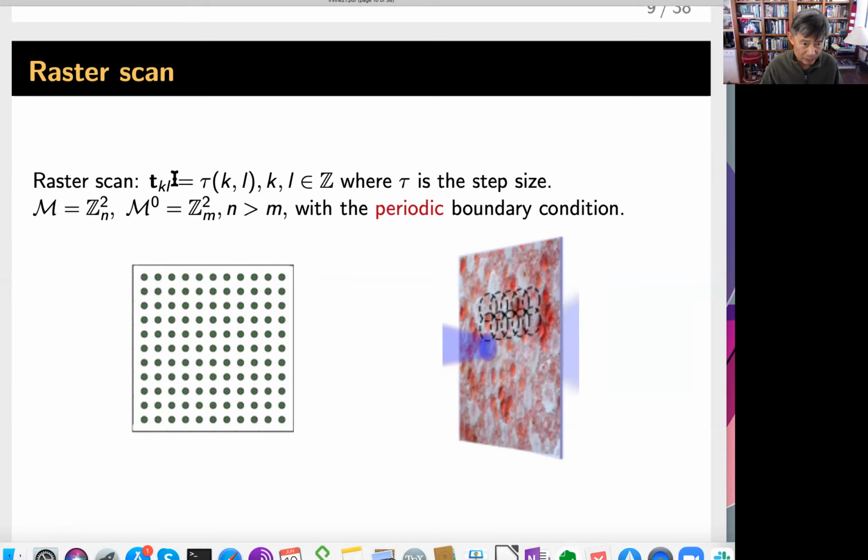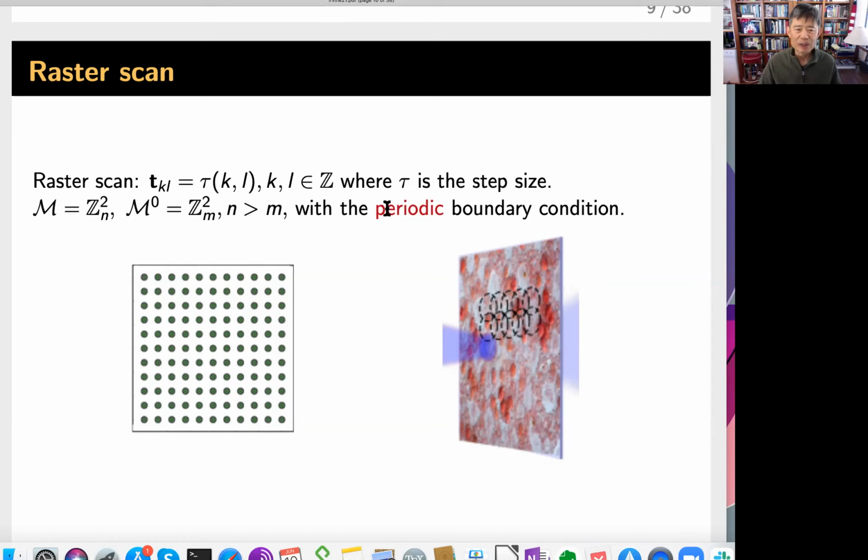Okay, so I can represent my shift in this way. And so for my M, for theory development, I'm going to apply a periodic boundary condition. Because think about the question: once your probe is moving to the edge of the object, what do you do with the part that is not overlapping with the designated object, right?